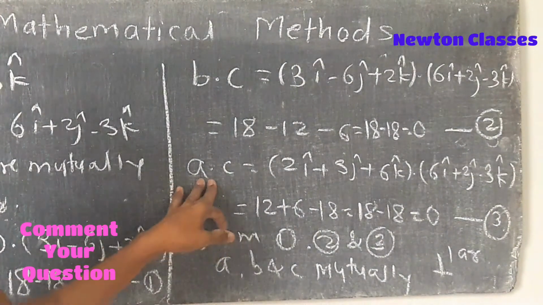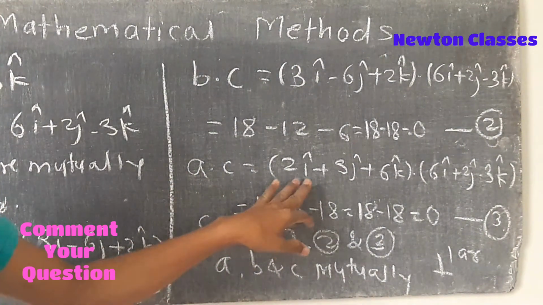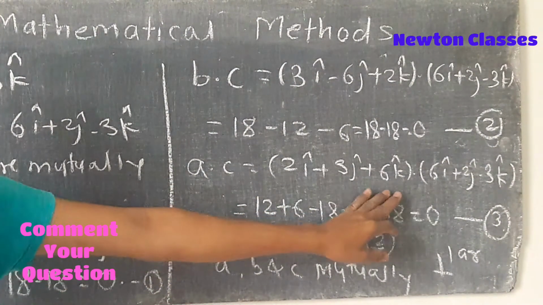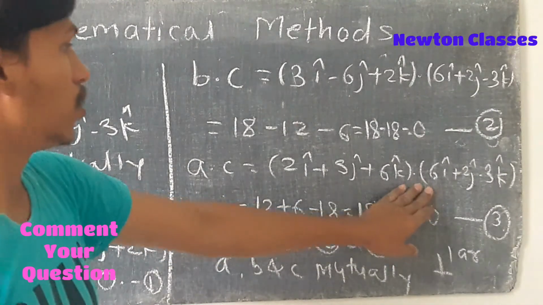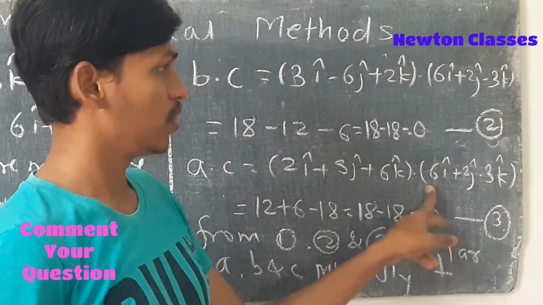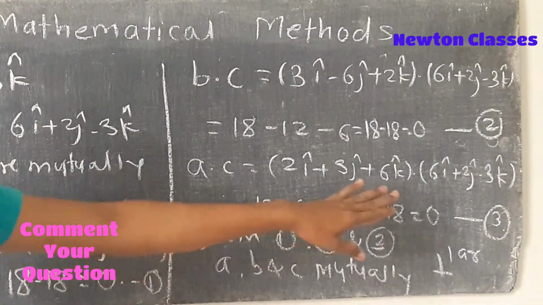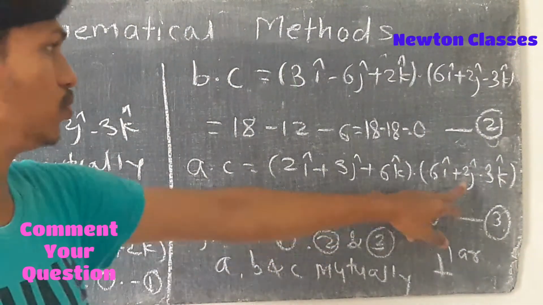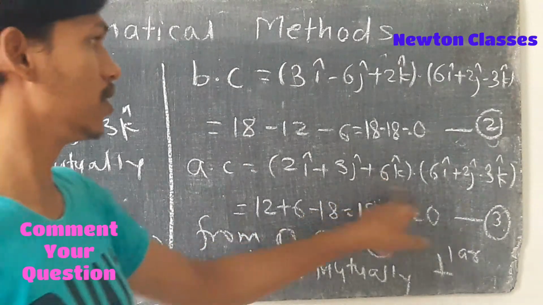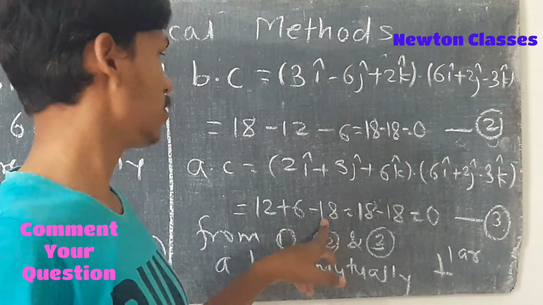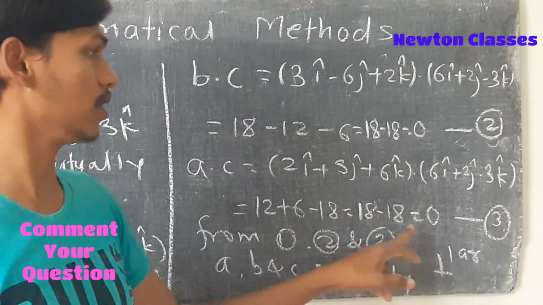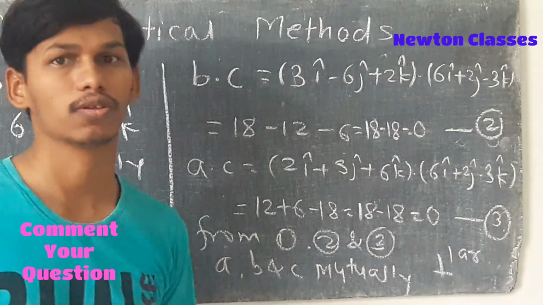Consider the dot product between A and C, which is 2i cap plus 3j cap plus 6k cap dot 6i cap plus 2j cap minus 3k cap. 2 into 6 is 12, 3 into 2 is 6, plus 6 into minus 3 is minus 18, so 18 minus 18 is equal to 0. Call that equation number 3.